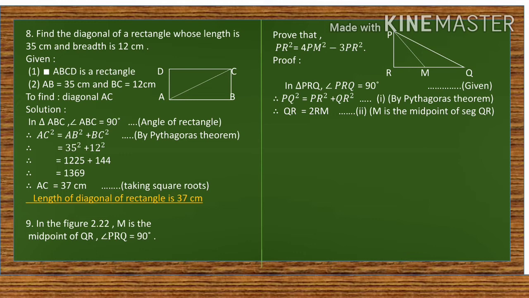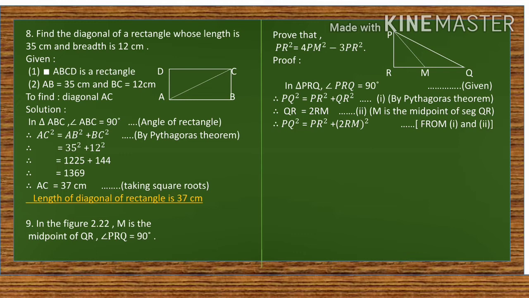Now, M is the midpoint of segment QR. Therefore, QR is equal to twice RM. Number it as 2. We can substitute this value of QR as 2RM in equation number 1.